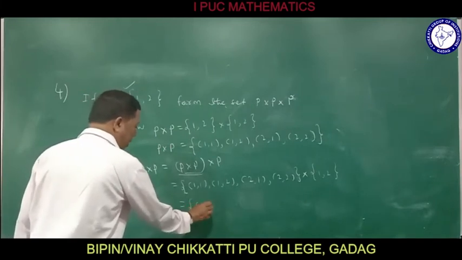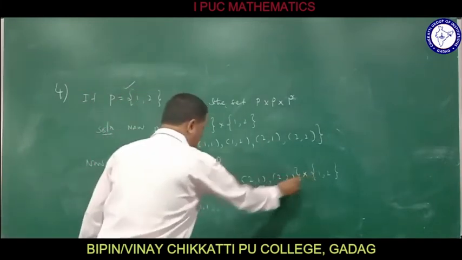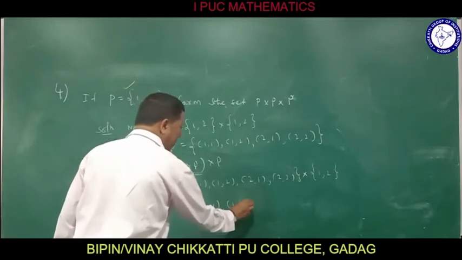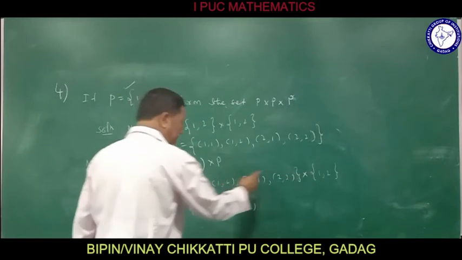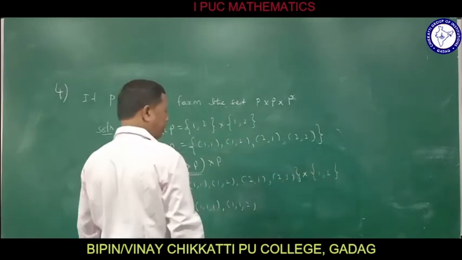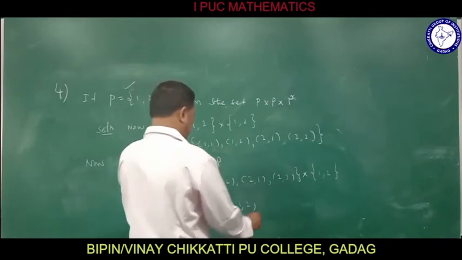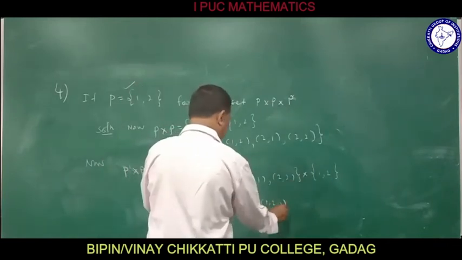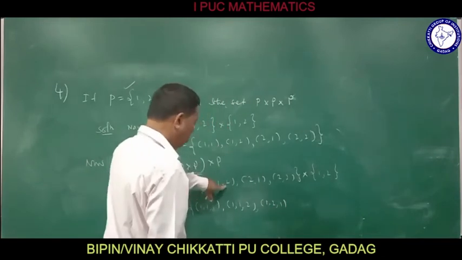That 1 1 you take it here, 1. Next, 1 1 2. Look, this 1 1 1, 1 1 2, I have taken. Next, 1 1 is over. Next, this 1 2 1, 1 2 1.